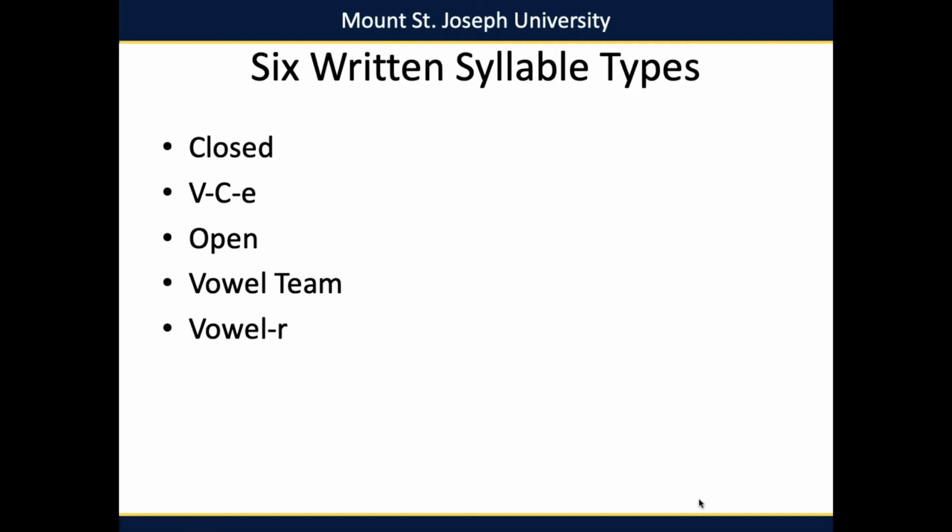We discussed the vowel R pattern when we covered the vowel sound chart. As a written syllable, these include AR, ER, and IR. The consonant LE pattern is one consonant letter followed by LE. The vowel sound is L, as in stable.